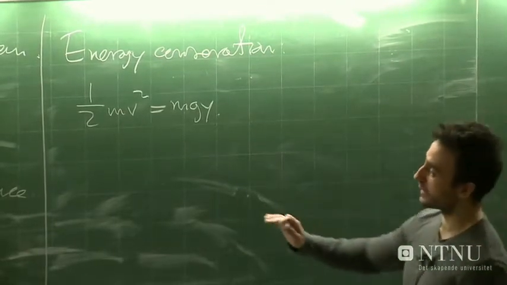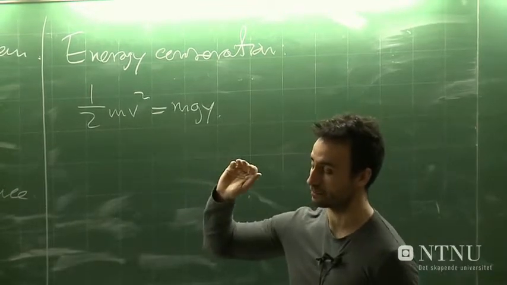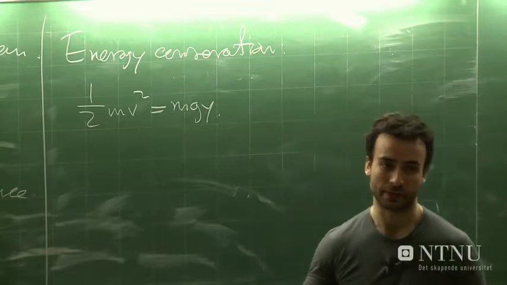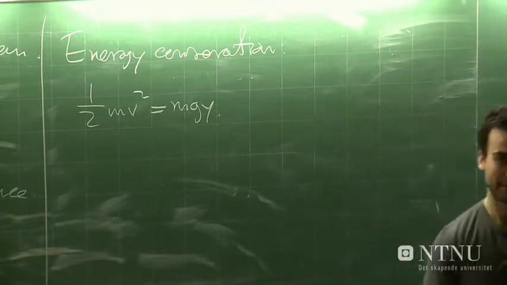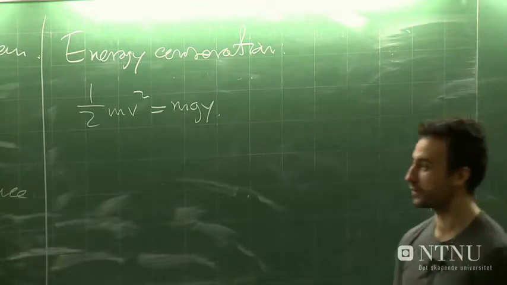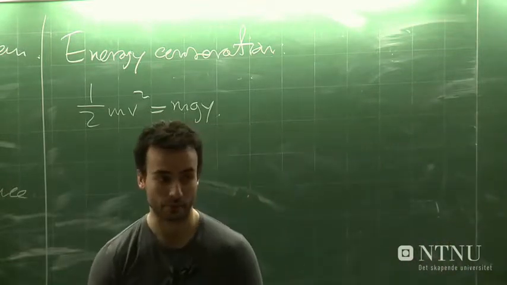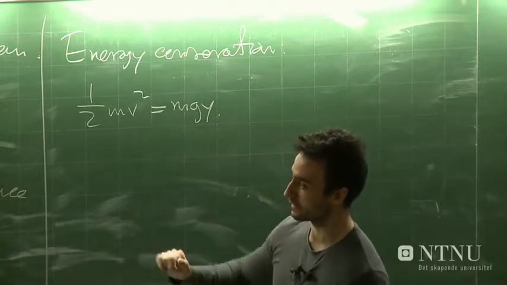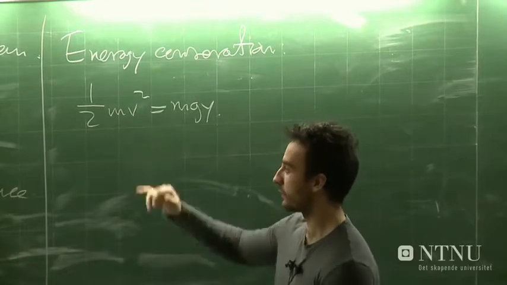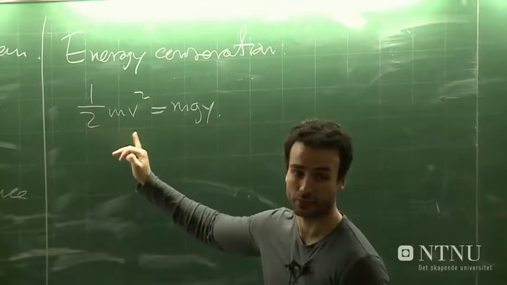Okay, a clue. For energy conservation, I'm equating the energy before in point 1 with the energy after in point 2. So I'm saying kinetic energy plus potential energy. Yes? Start with no velocity. Yes. The velocity in point 1 to begin with is 0. So I'm basically saying the particle only has potential energy to begin with at point 1, and everything is converted into kinetic energy at point 2.